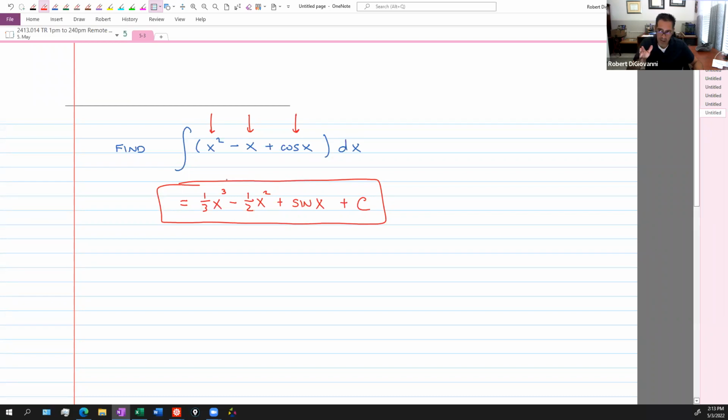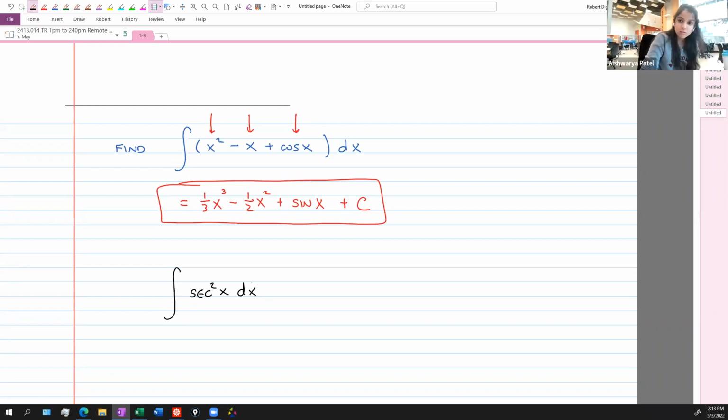You should be able to handle x raised to any power. And you should also be able to handle things that you recognize from Cal 1. I'll give you one more. What about this? So you're thinking about Cal 1, and you're going, do I remember ever taking the derivative of something and getting secant squared x? Tangent.